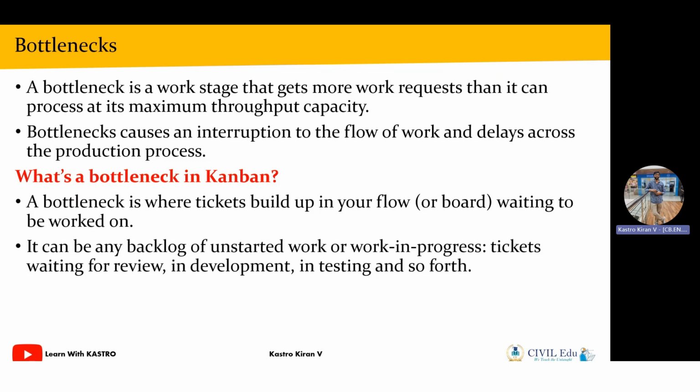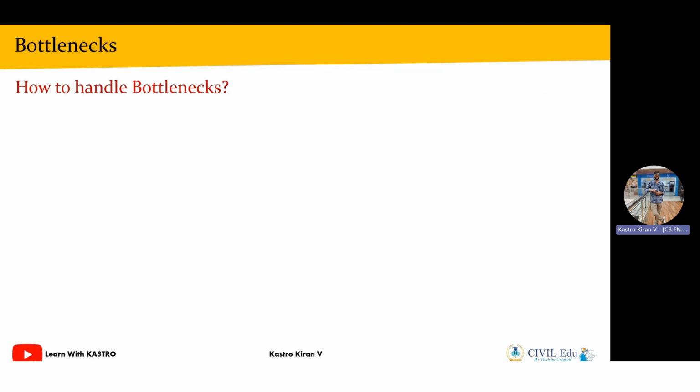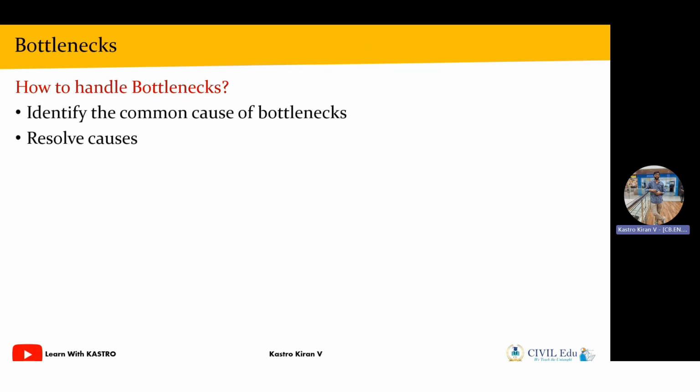Now, how can we handle the bottlenecks? To handle them, we are going to use 4 simple steps. The first step is to identify the common causes of bottlenecks. Once you identify the causes, we will try to resolve them. If more and more tickets are being raised, we set work in progress limits.